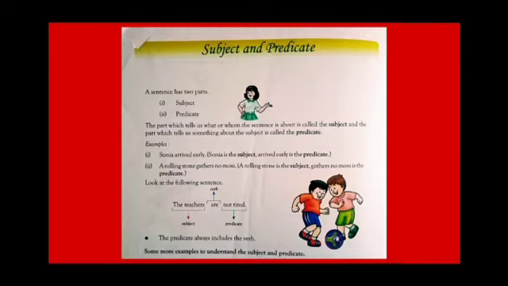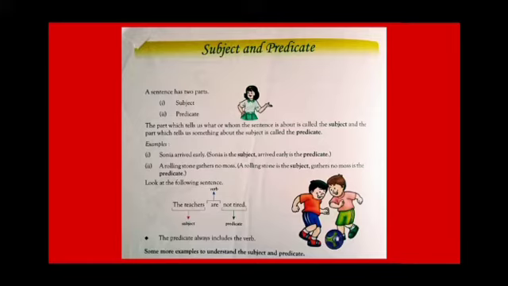The subject always comes as the first word of a sentence, and the predicate is the remaining part of the sentence apart from the subject. Look at the following sentence.